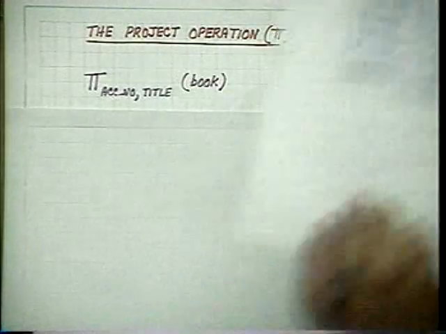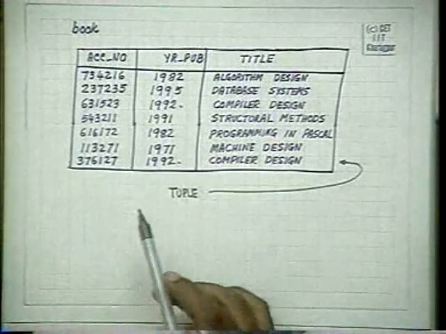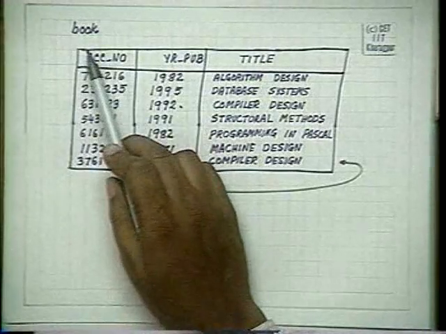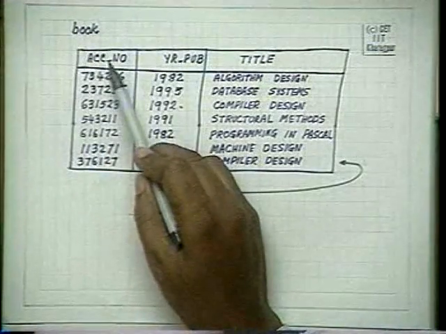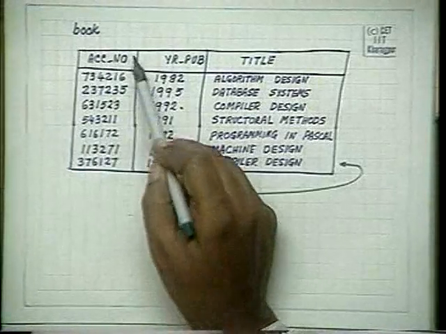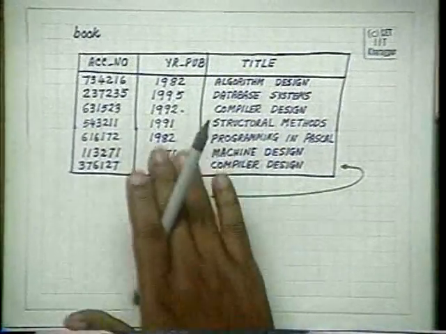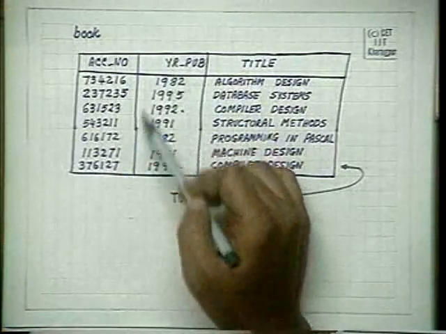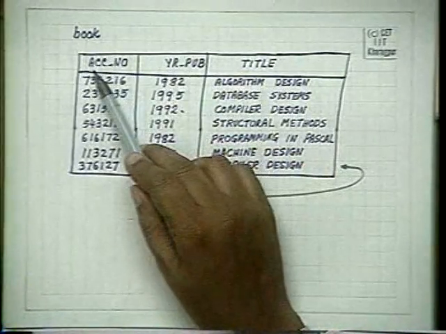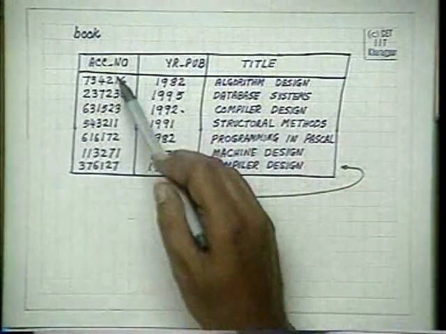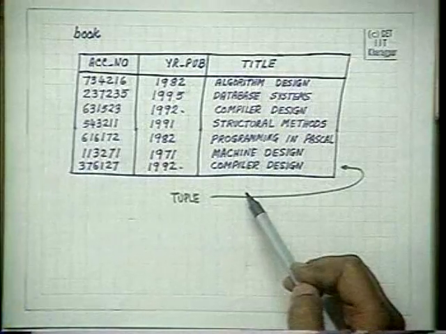Therefore, pi accession number and title on the book relation will return a table corresponding to this attribute and this attribute. Therefore, if you remove this attribute, you will have a relation having accession number and title only, and all the entries will be kept there.